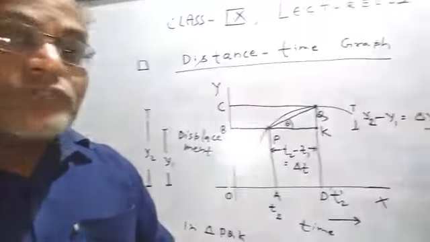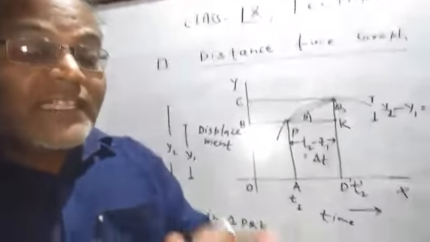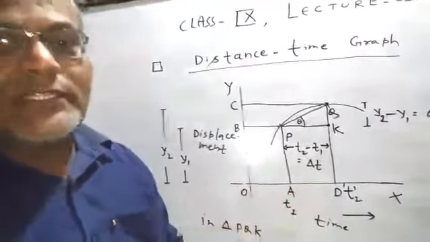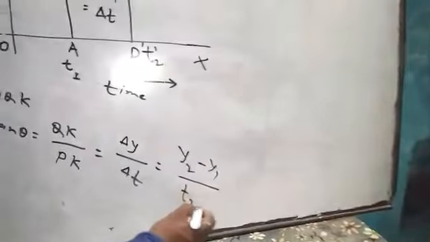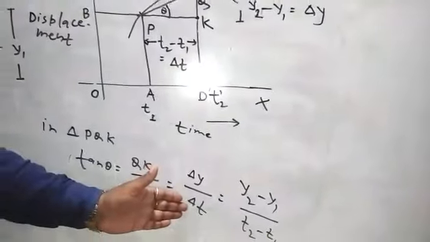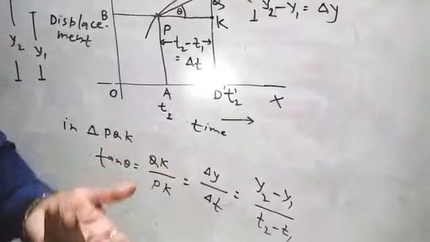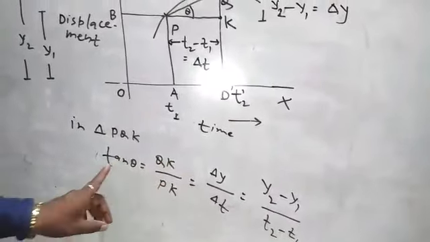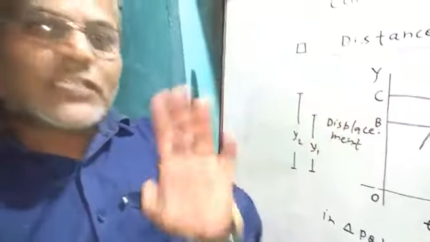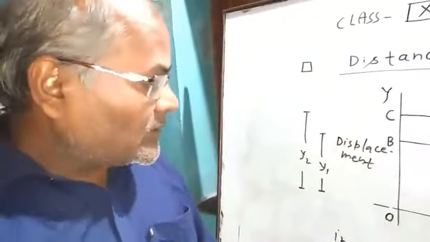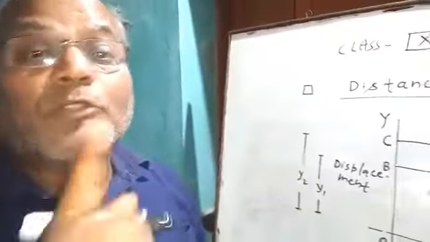According to the definition, velocity is defined as the rate of change of displacement, that is, change in position by change in time. So it can be written as y2 minus y1 divided by t2 minus t1. This is the rate of change of displacement, which is equal to velocity. So remember, and this is very important, in the position time graph, the displacement time graph, tan theta will represent the velocity of the body.